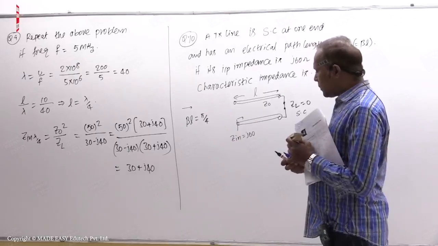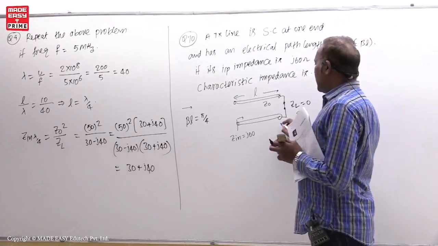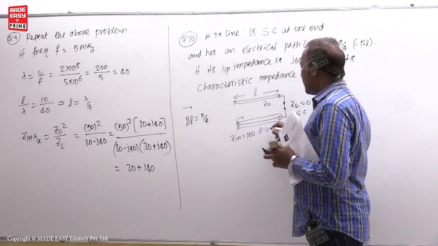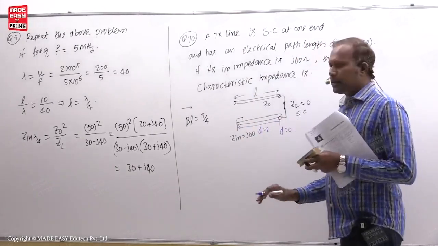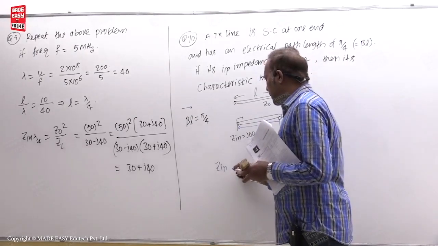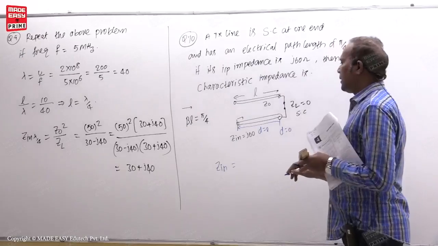So here, students, let us take d = 0, then d = L, that means total length, you get the input impedance. Already we know the formula. What is the input impedance when the load is short circuited?